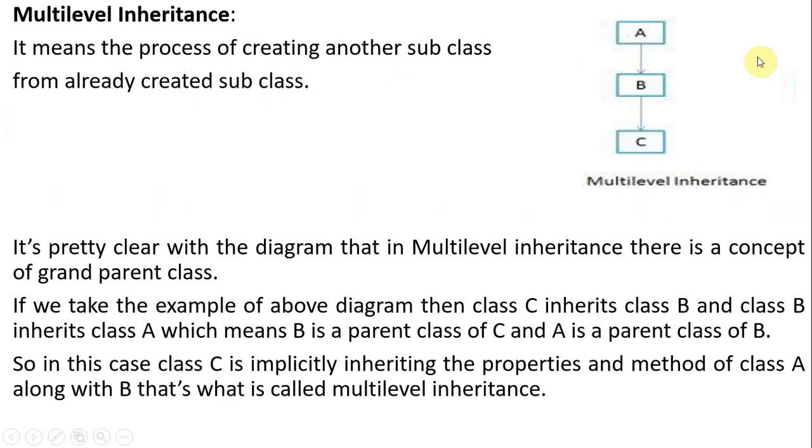If you see the diagram, A is a class, B is a subclass of A. Now we are trying to create another class C from B, which is already a subclass of A. This kind of inheritance is called multi-level inheritance.